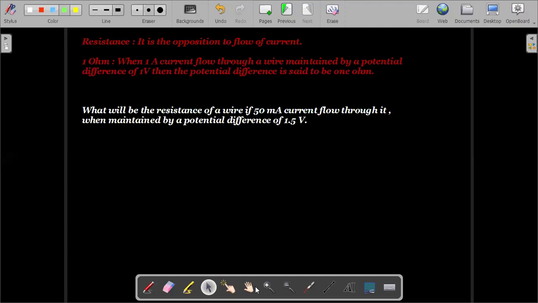Sir, mega equals 10 power 4? It's not mega, it's milli. Mega is written with capital M. Sir, is the resistance 30 ohm? Yes.